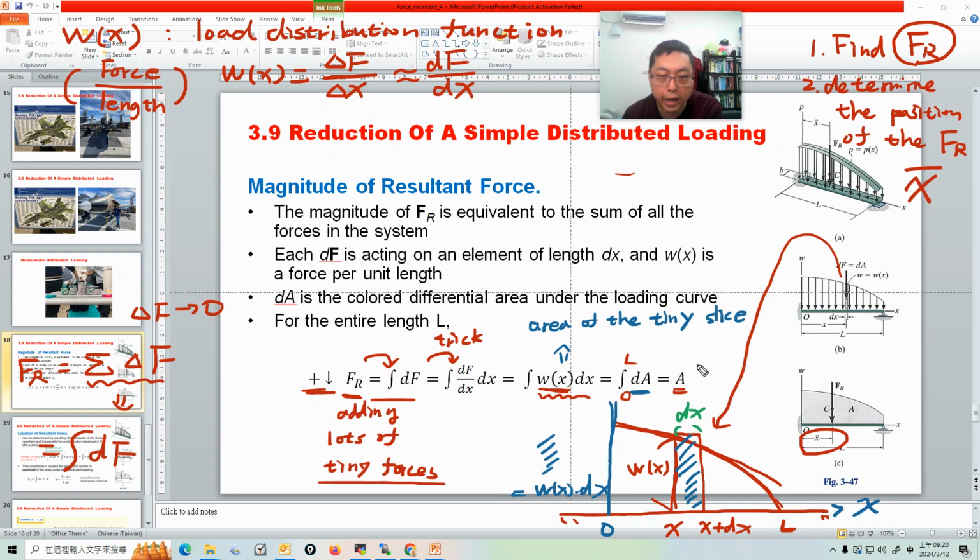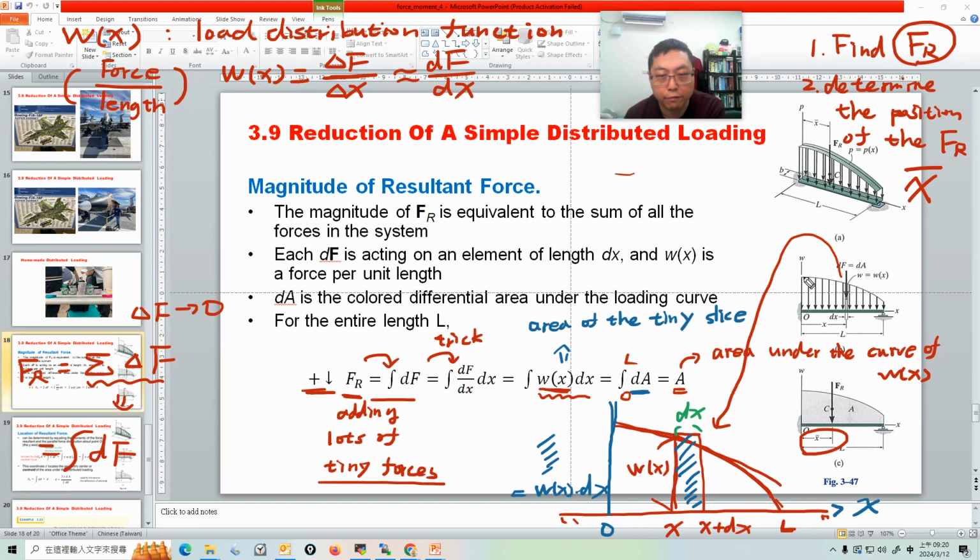So A means area under the curve of w(x).